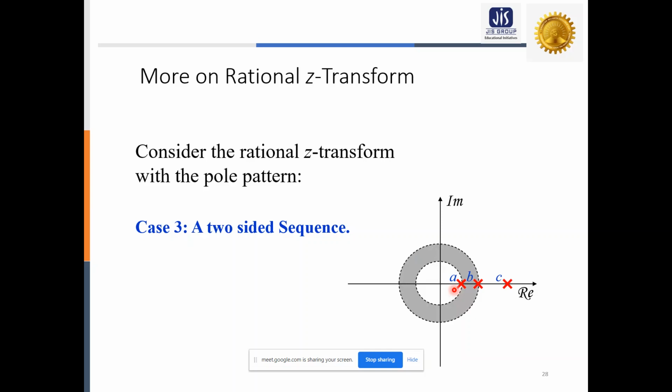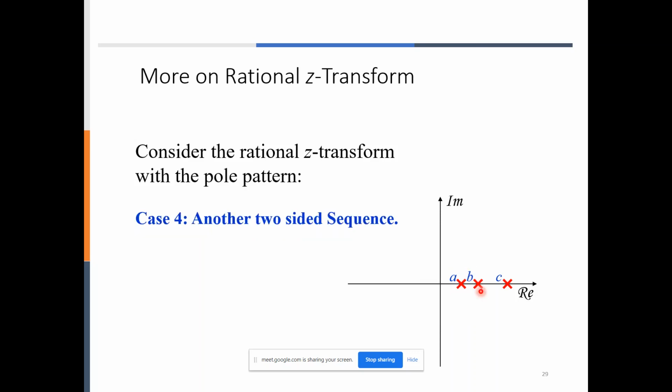For this case, the ROC will be an annular ring extending from A to B, but it does not include any poles. Another two-sided sequence is from B to C. This is the ROC.